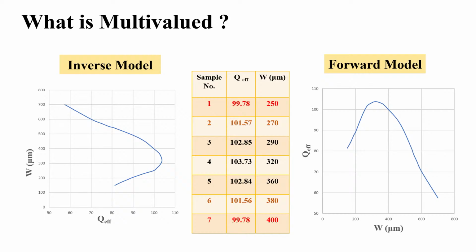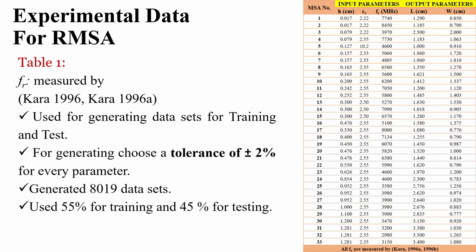In the inverse modeling, you have dual outputs over single input values. In the forward, we have separate individual values corresponding to the inputs. This is the experimental data for the rectangular microstrip antenna. We generated these data with a tolerance of 2%. We generated 8,019 data sets, in which we used 55% data for training and the remaining 45% data for testing.